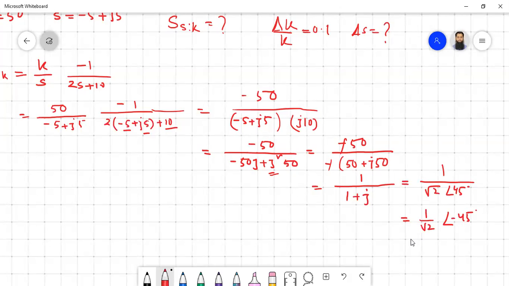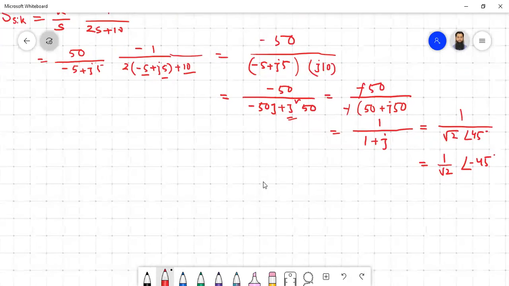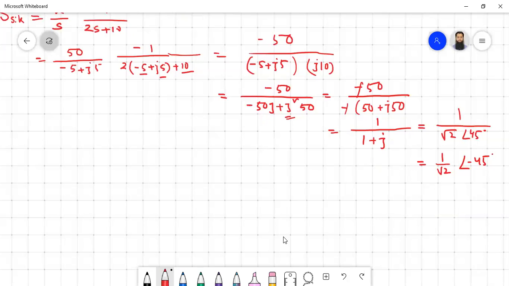Now the next portion: for a 10% change in K, what will be the value of del S? Let us try to figure out. The del S is S times the sensitivity of S for K, times del K by K. The point is minus 5 plus j5.